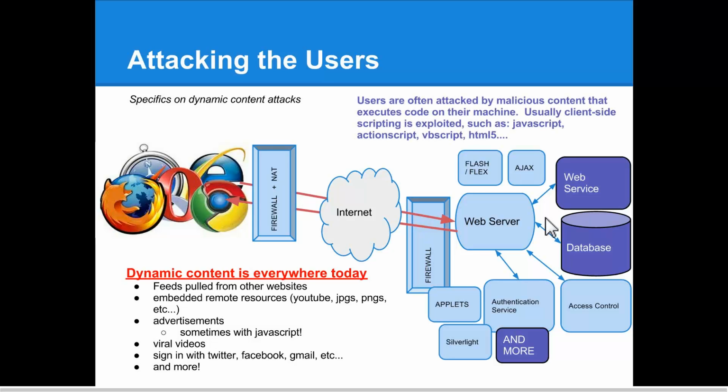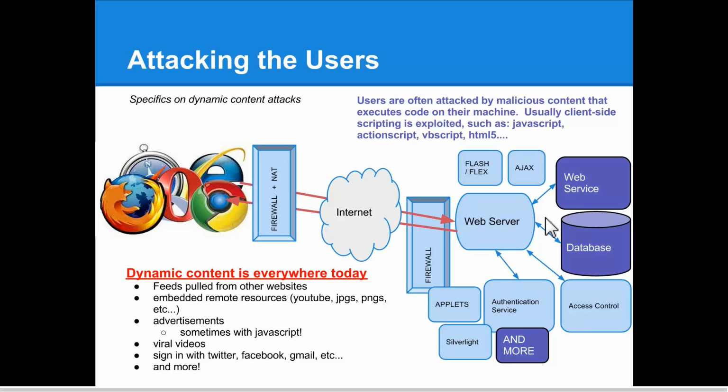Users are often attacked by malicious content that executes code on their machine. Usually, the malicious content exploits some vulnerability in whatever application is used to render that media. For YouTube videos, it's the Flash player running in your browser.